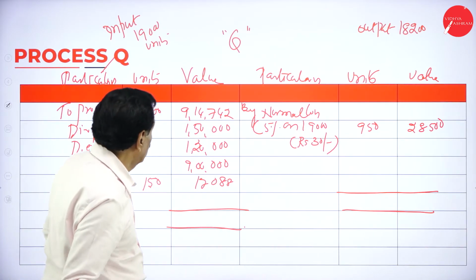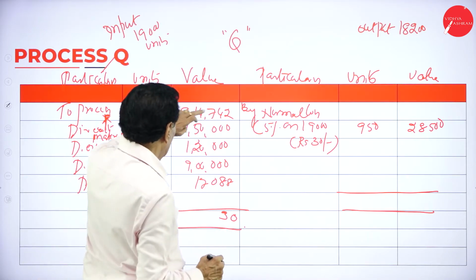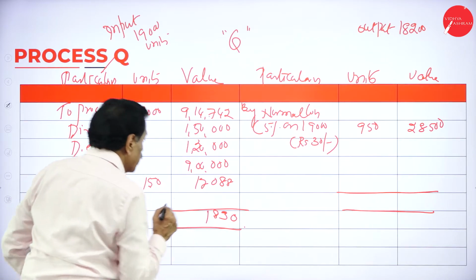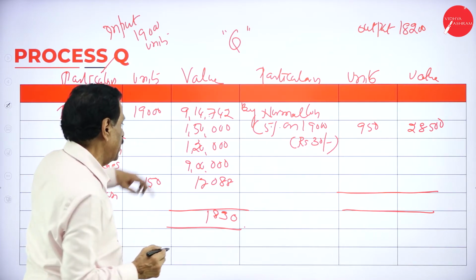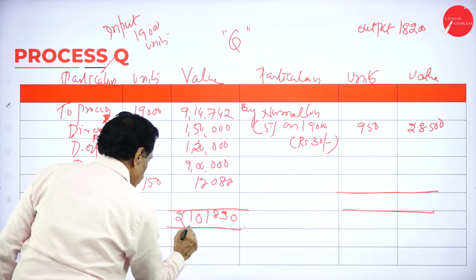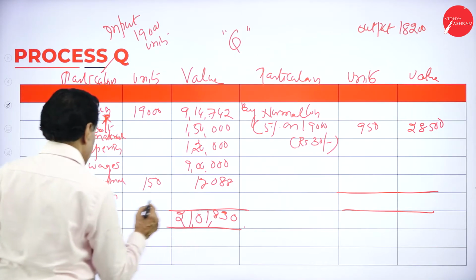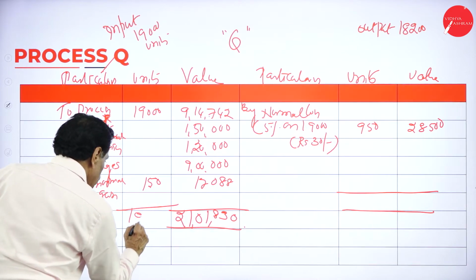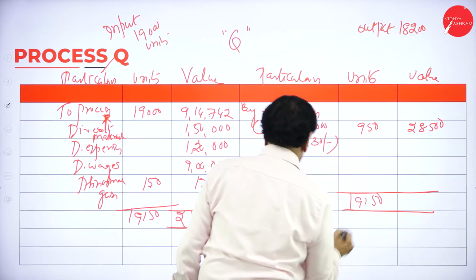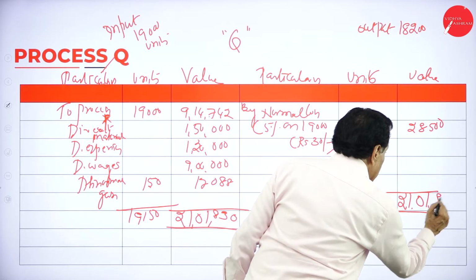Add the figure. 2 plus 8, 10. 1 plus 4, 5 plus 8, 13. Total 21 lakh 1,830, and units 19,150.